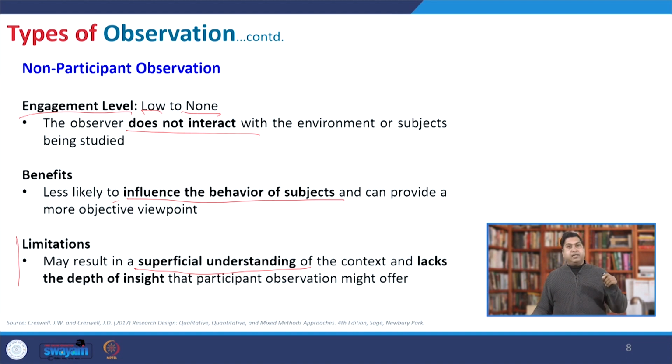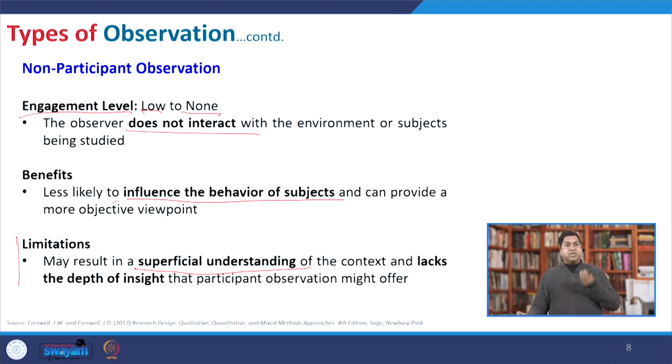And in that case it is just about the observer's viewpoint, which is very critical, because for observation the observer should have sound knowledge and should be neutral, so that he or she can capture the actual behavior.